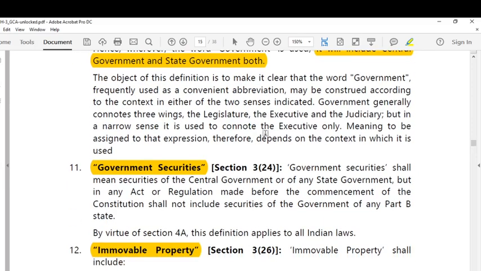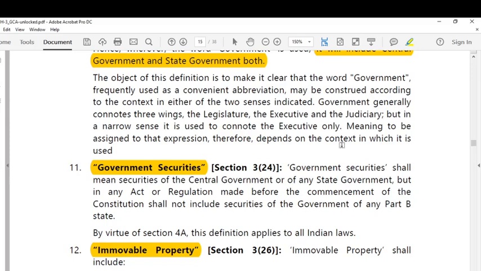The object of this definition is to make it clear that the word government, frequently used as a convenient abbreviation, may be construed according to the context in either of the two senses indicated.